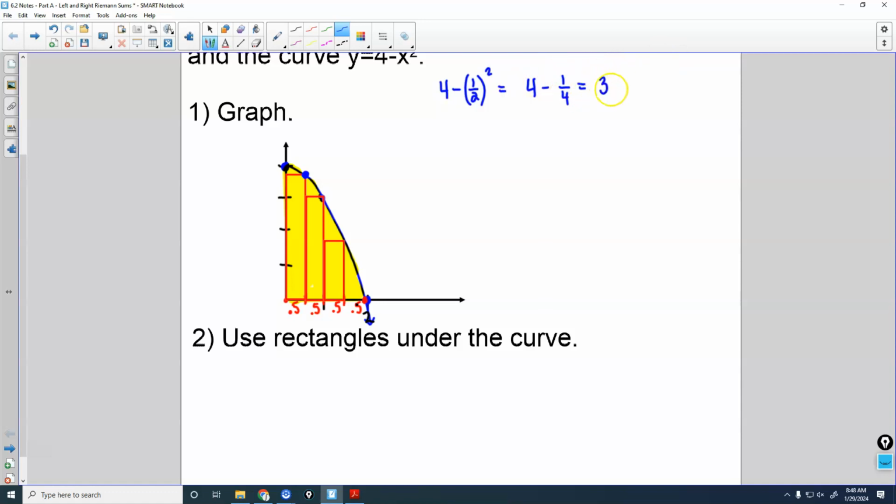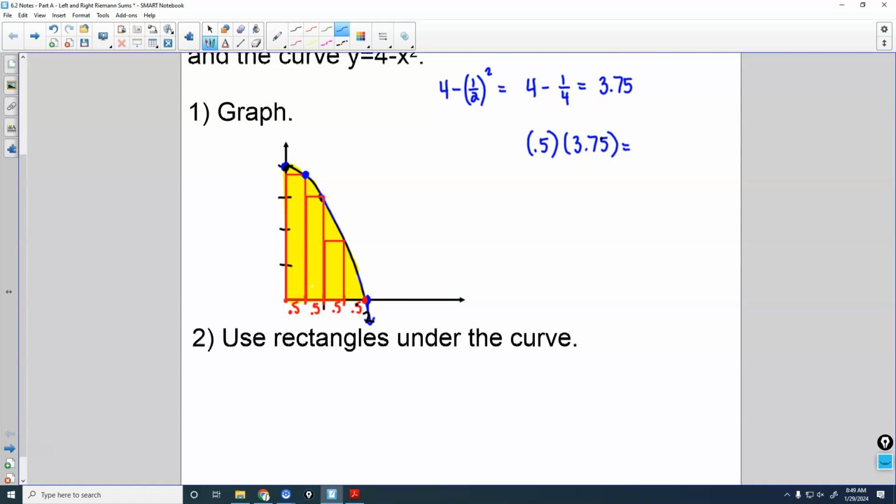It's going to give us 3.75 there. So this rectangle has a height of 3.75. So I've got 0.5 times 3.75 for that rectangle 1. All right, and we're going to use our calculator some on this. These usually end up being non-calculator problems, but our textbook's not really written like that.